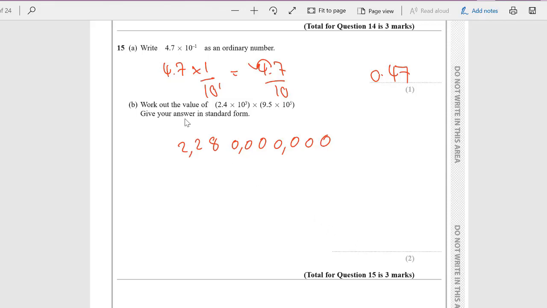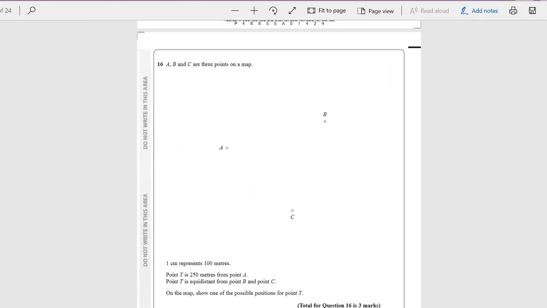And then if you put it in standard form, you would write it as 2.28 times 10 to the power of 9, because our decimal point is between the two twos. So 1, 2, 3, 4, 5, 6, 7, 8, 9. So that's our answer.